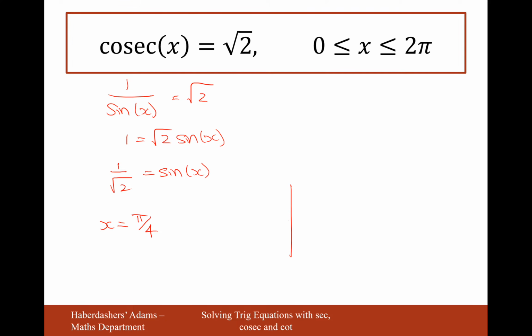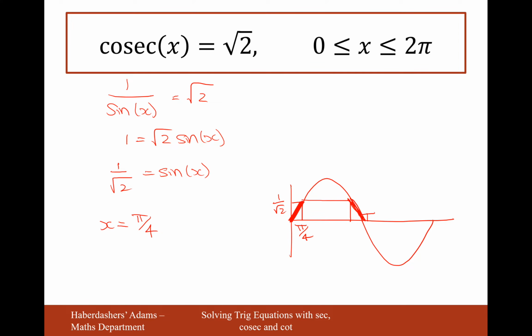And then working out the second solution in between 0 to 2 pi, it's going to be a curve that looks like this. 1 over root 2 will be somewhere up here. So our first solution is pi by 4. Looking across to the second solution, it will be somewhere here. This intersection point here is pi. So the little distance that we've gone up the sine graph by is pi by 4.